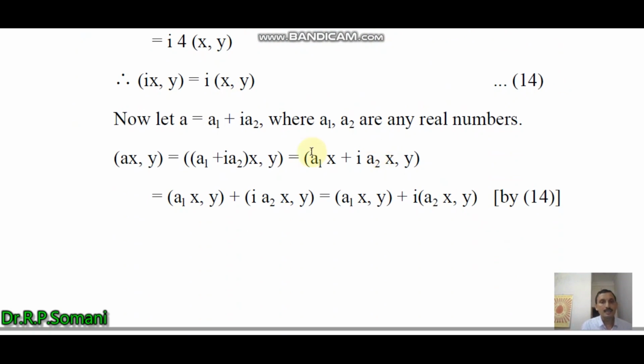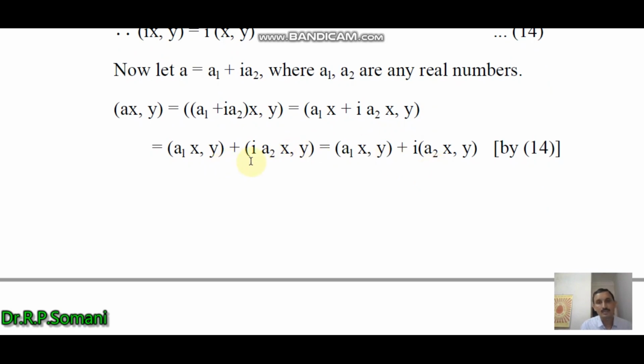Now let a equal a1 plus iota a2, where a1 and a2 are any real numbers. That is, a x, y equals a1 plus iota a2, x, y, which equals a1 x plus iota a2 x, y, which equals a1 x, y plus iota a2 x, y, by 14.